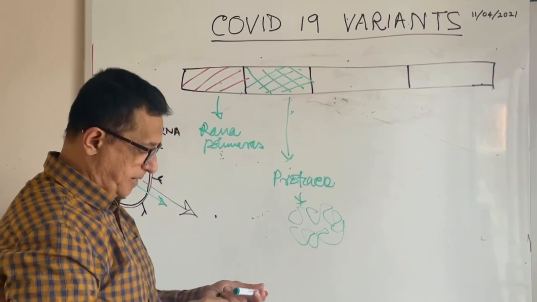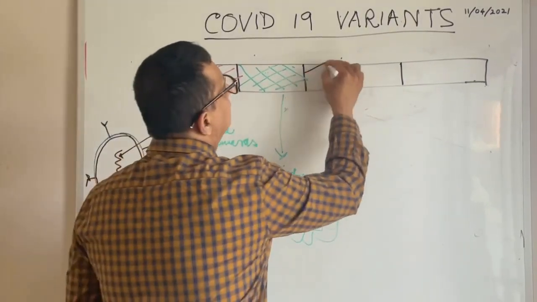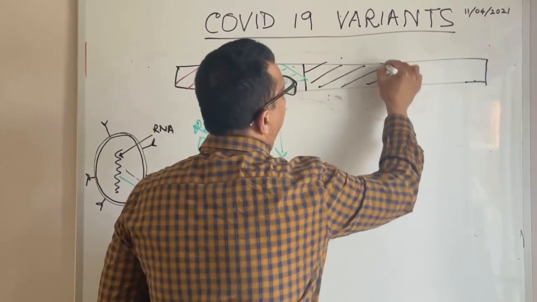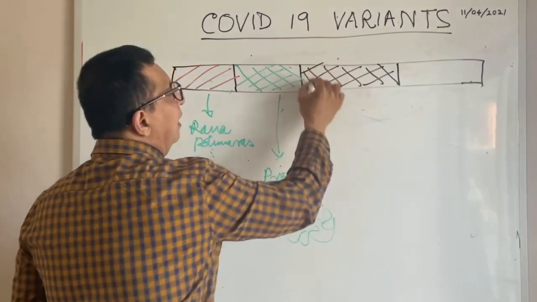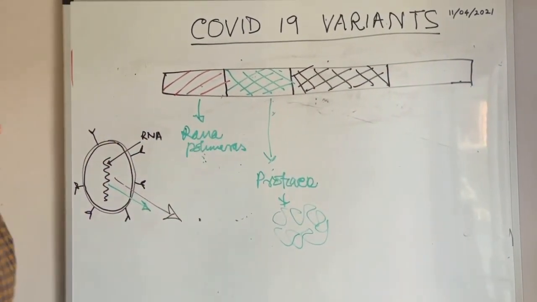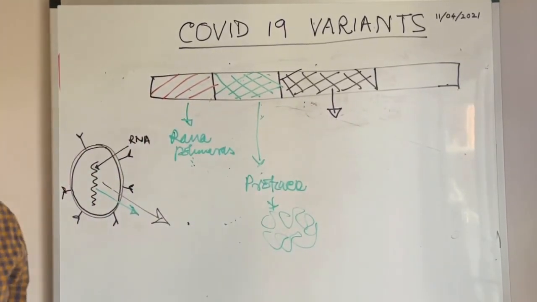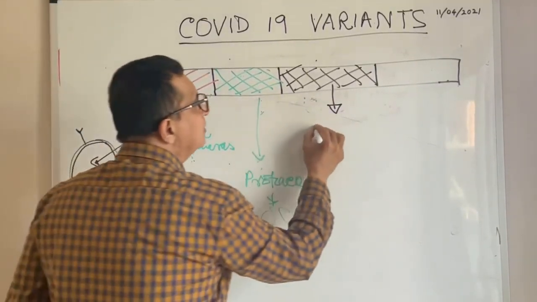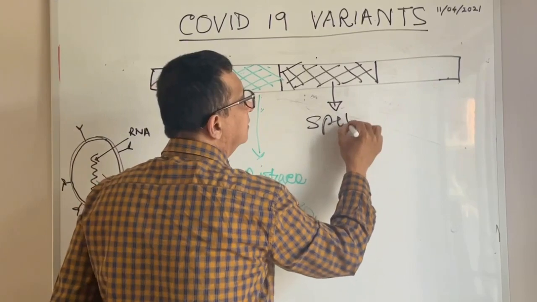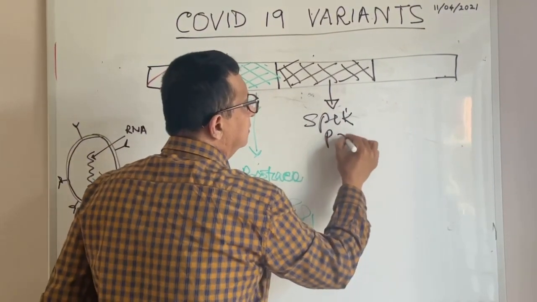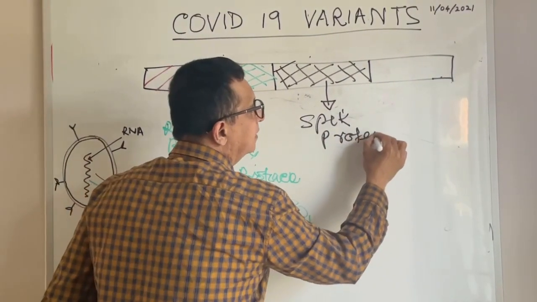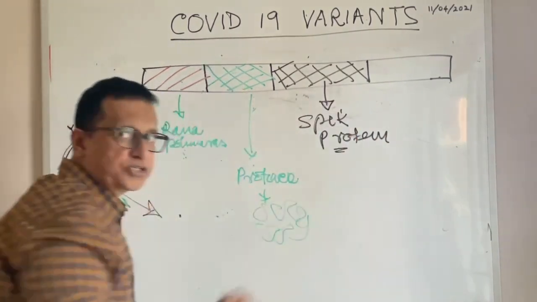This is the part which is more important for our discussion today. This third part is responsible for the spike protein production.